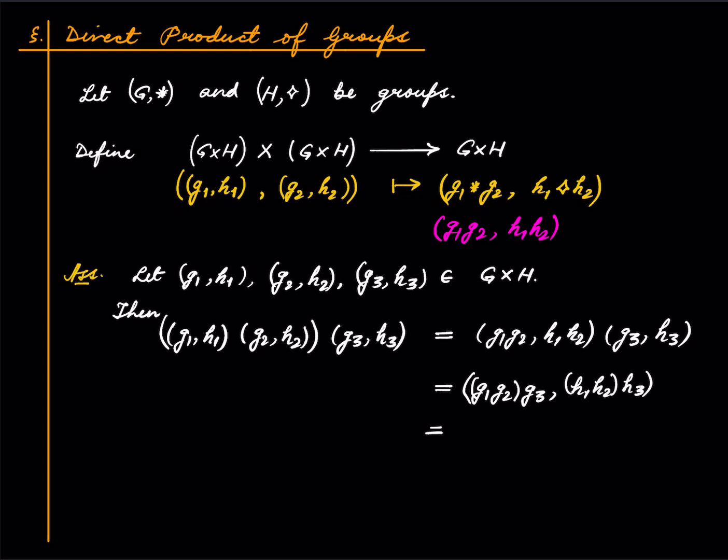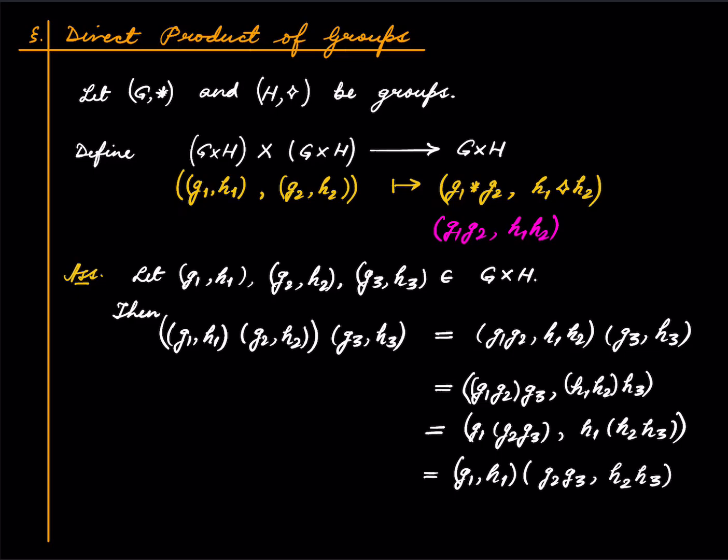But now we use associativity of the groups G and H, and we can write this as (G1(G2G3), H1(H2H3)). By the definition of the binary operation, this is equal to (G1, H1) times ((G2, H2)(G3, H3)).